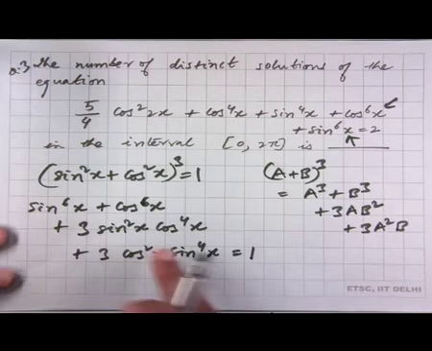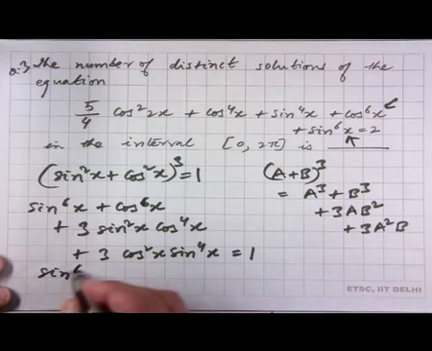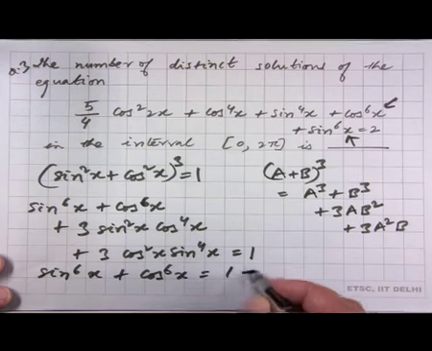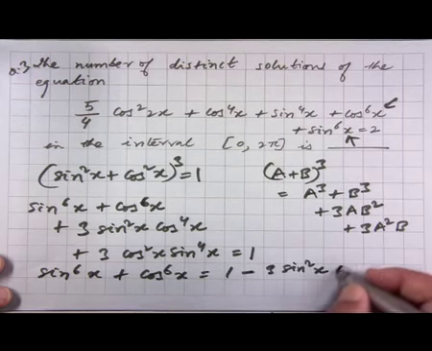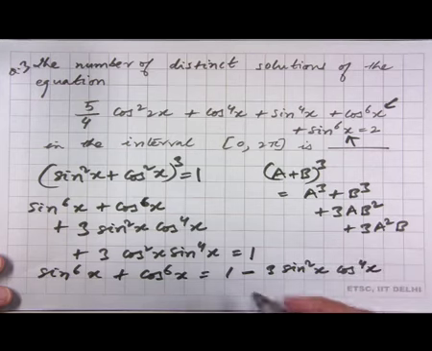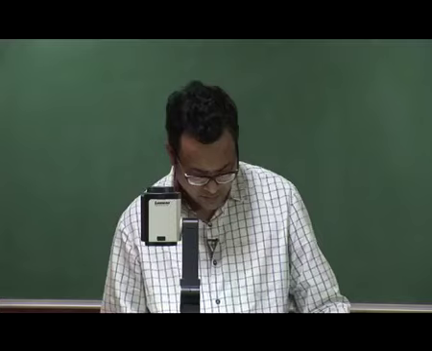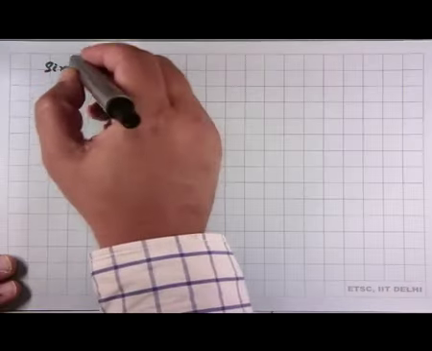And therefore, if we take these two terms to the right hand side, we get that sine 6x plus cos 6x equals 1 minus 3 sine square x cos 4x minus 3 cos square x sine 4x. So, we have this little identity so far.